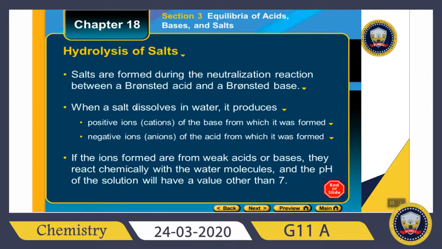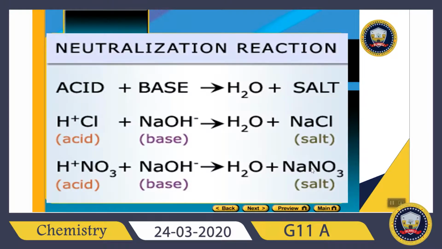When a salt dissolves in water, it produces a positive ion, which is the cation of the base from which it was formed, and a negative ion, which is the anion of the acid from which it was formed. So in this slide, NaCl will be formed from what?